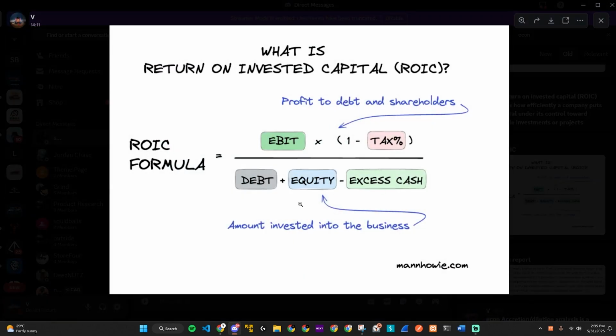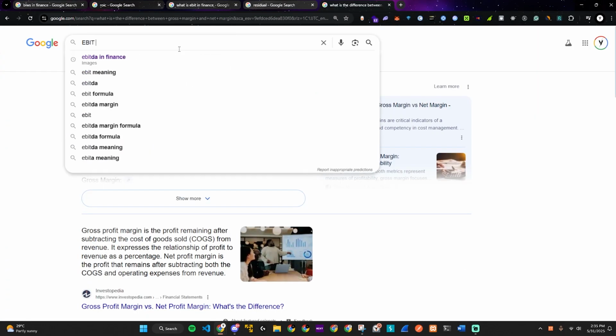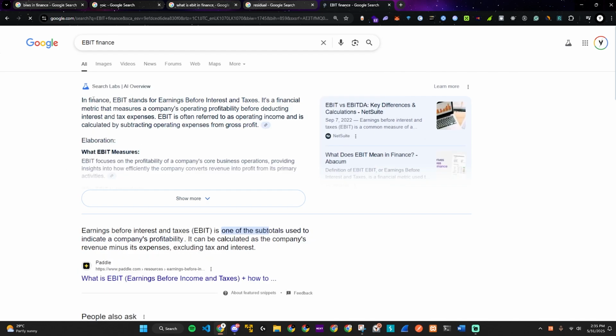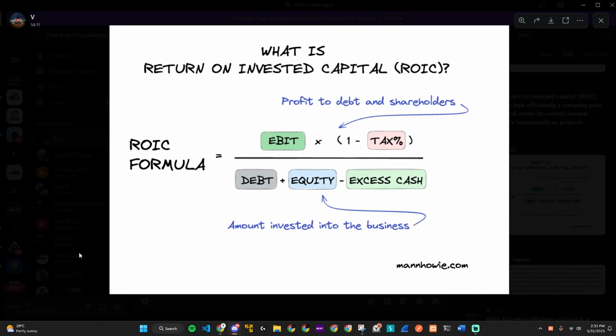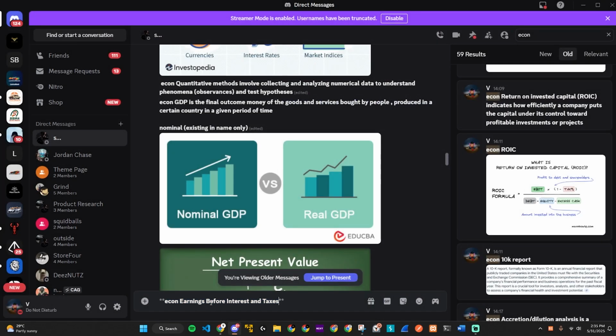So once again, we have the return on invested capital equation. EBIT stands for earnings before interest and tax. EBIT is earnings before interest and tax, right?